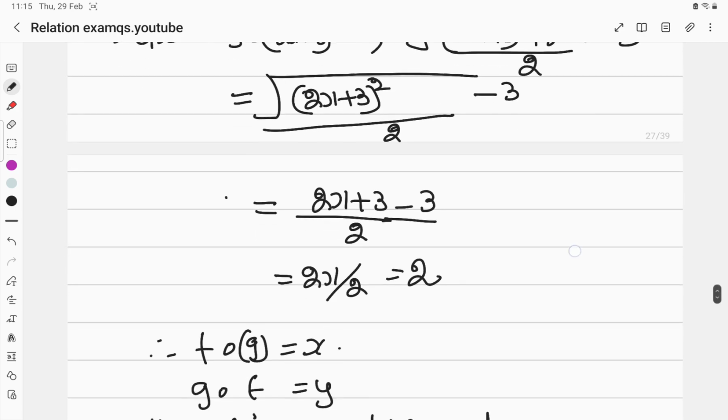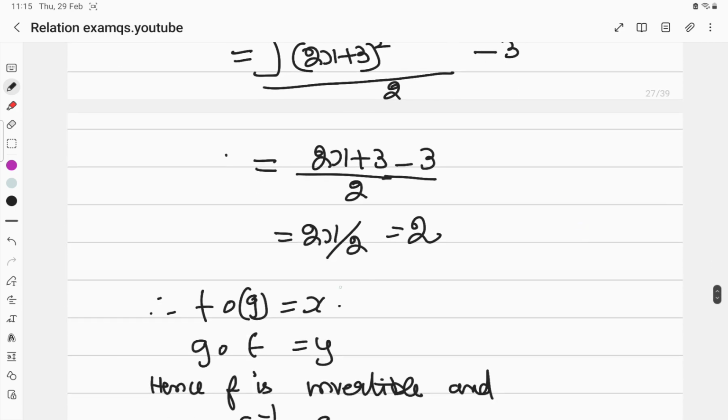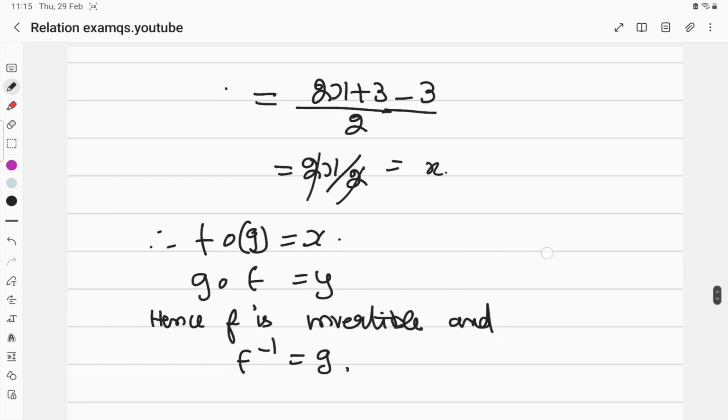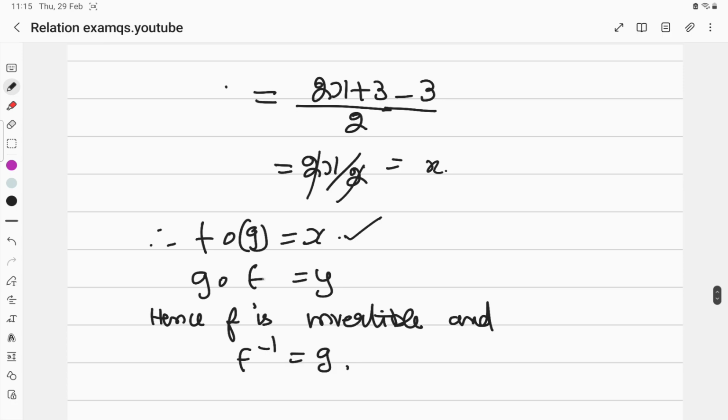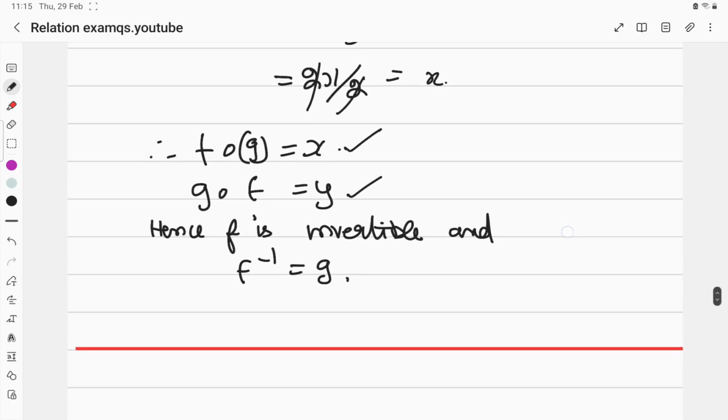On simplifying, we get 2x by 2, that is x. Therefore, f circle g is equal to x and g circle f is equal to y. Hence f is invertible and f inverse is equal to g.